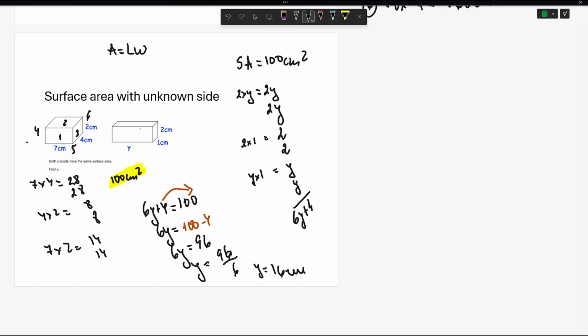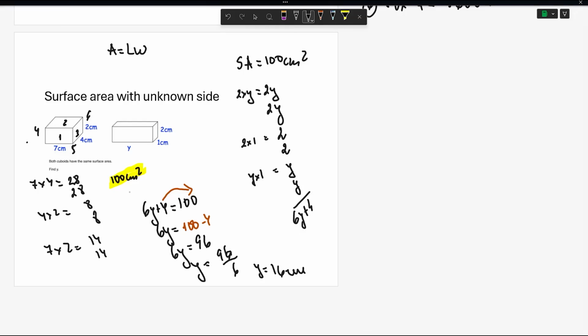So again, you start finding your area. You have side 1, side 2, 3, 4, 5, 6. When you multiply what you have, you get 6y plus 4. Now, we write this as a formula: 6y plus 4 equals 100.